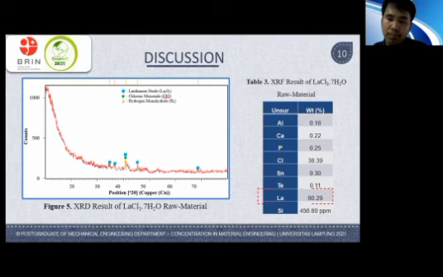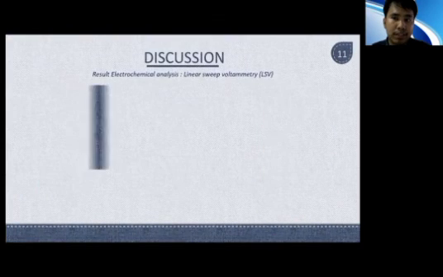Meanwhile, the lanthanum metal content in the material was 60%. So we have to refine this lanthanum, following the Permen ESDM regulation that requires the element to reach 90%.